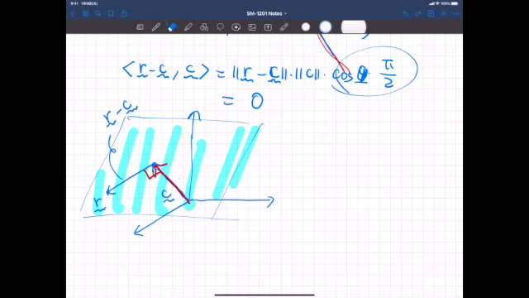Wherever this R is on this plane, we always have this angle perpendicular to C. For example, if R is here on this plane, the angle between this vector and this vector is still a right angle. So the scalar product is always 0.